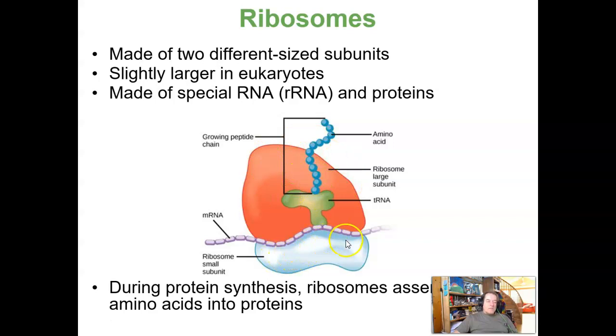These small subunits will attach to a piece of messenger RNA, and when a start codon is on that messenger RNA and it's identified, it'll latch onto a particular spot on the small subunit. We'll bring over a transfer RNA with the very first amino acid. Then all of that together allows the large subunit to attach, and now the ribosome is assembled, and we'll start reading this thing and producing a polypeptide chain, a protein.